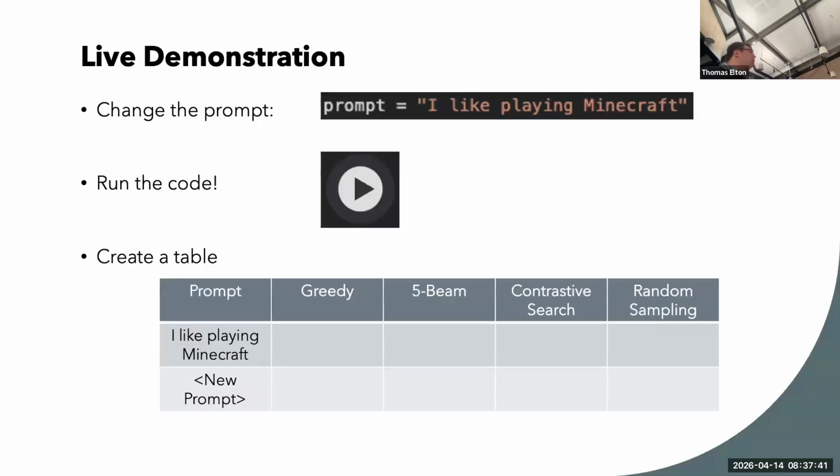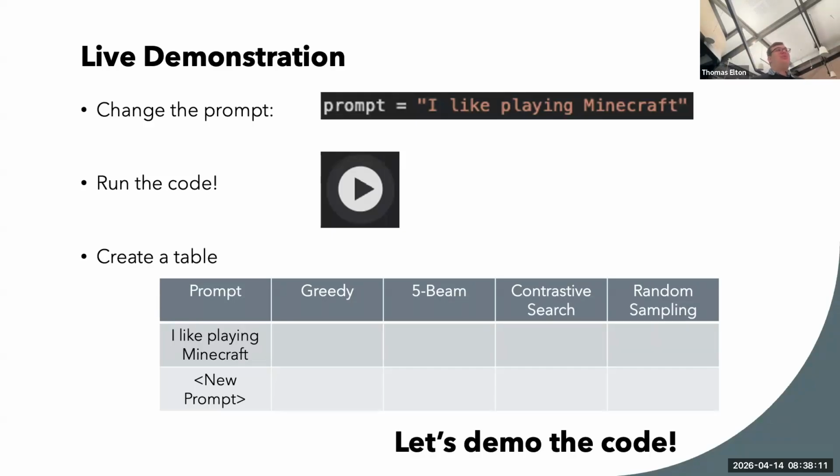In your groups, you're going to create a table of different prompts. You can start with the Minecraft one, but then I want you to choose heaps of different prompts in your group and make this table comparing the greedy sampler with the 5-beam sampler, with the contrastive search sampler, with the random sampling. I want you to do this so you can start seeing the differences between what is produced from the model for each of these different methods.